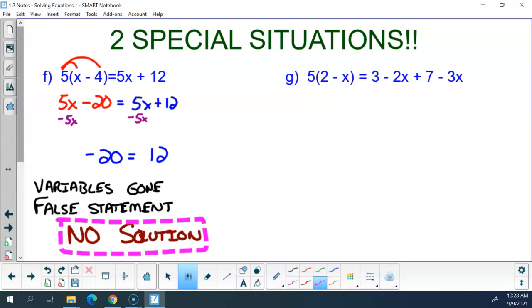Next one. Again, I'm going to multiply by 5 into the parentheses. At the same time, I can combine these two, and I can combine those two.